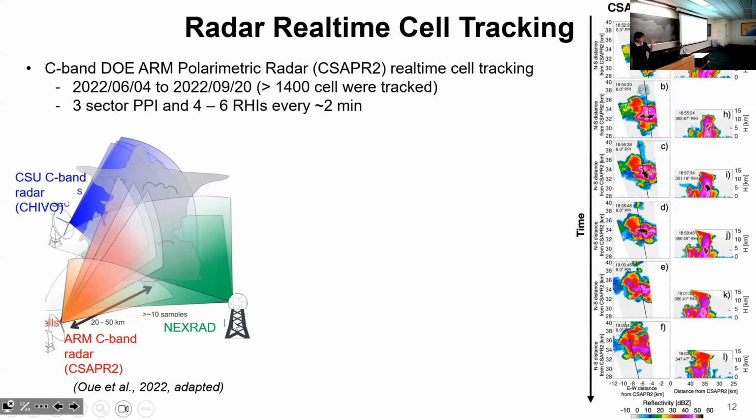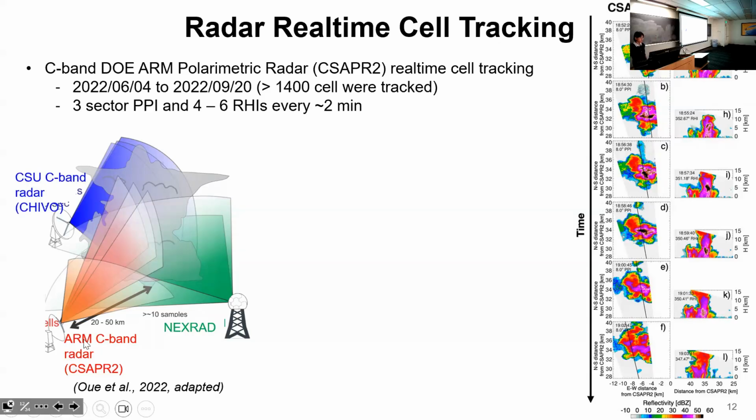We selected target convective cells based on several criteria from the NEXRAD measurement. Once we found one convective cell, two radars focused on that same convective cell to scan high-resolution vertical cross-section measurements here.